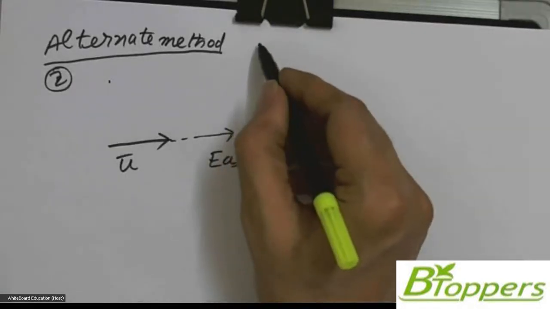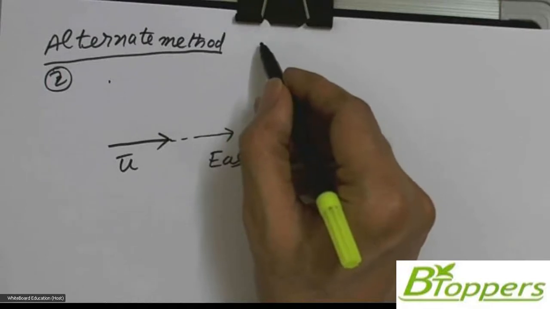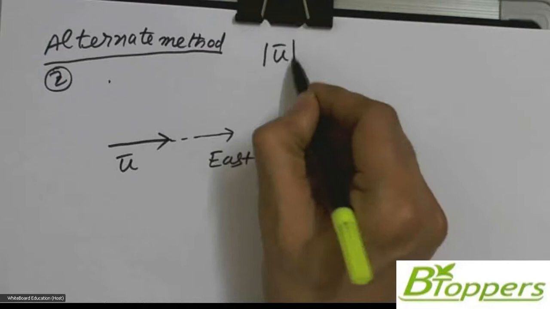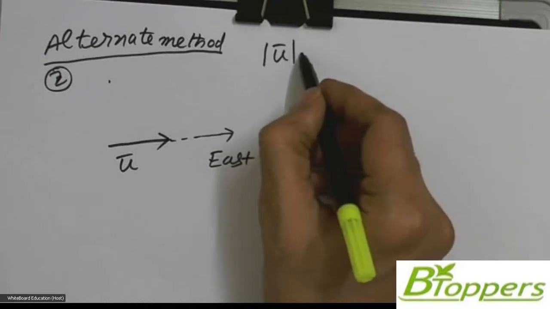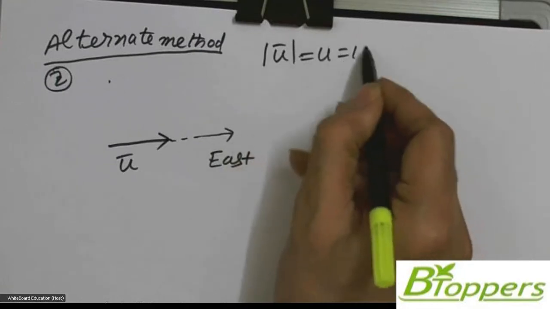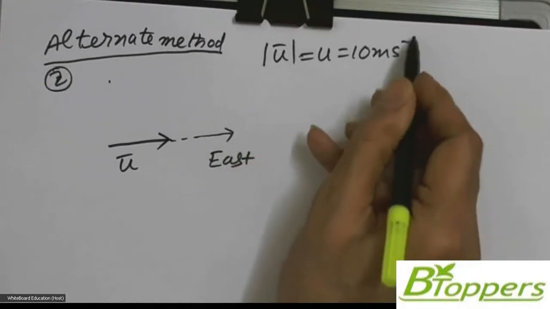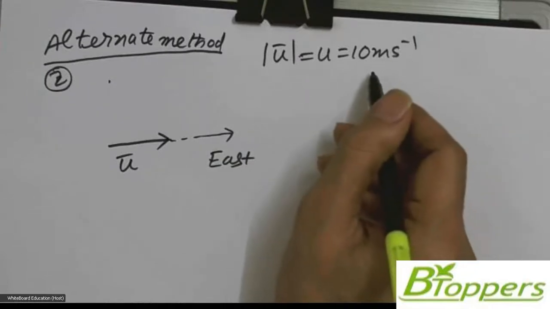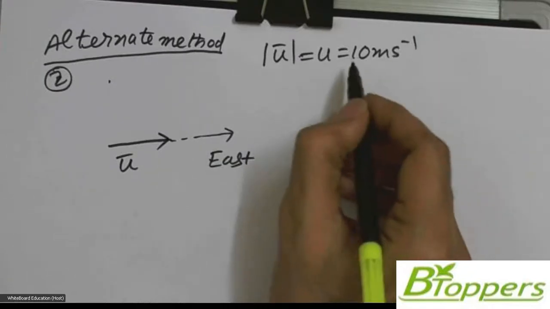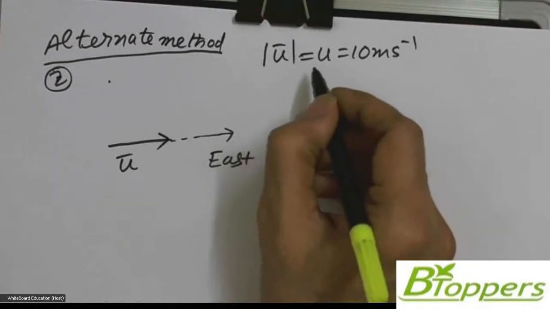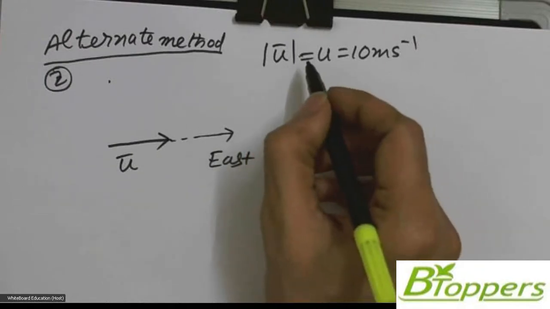The initial velocity of the particle is given to be 10 meters per second towards east. Denote the initial velocity of the particle in vector form by u bar. So mod of u bar or u equals 10 meters per second. And the final velocity of the particle is given to be 10 root 3 meter per second.